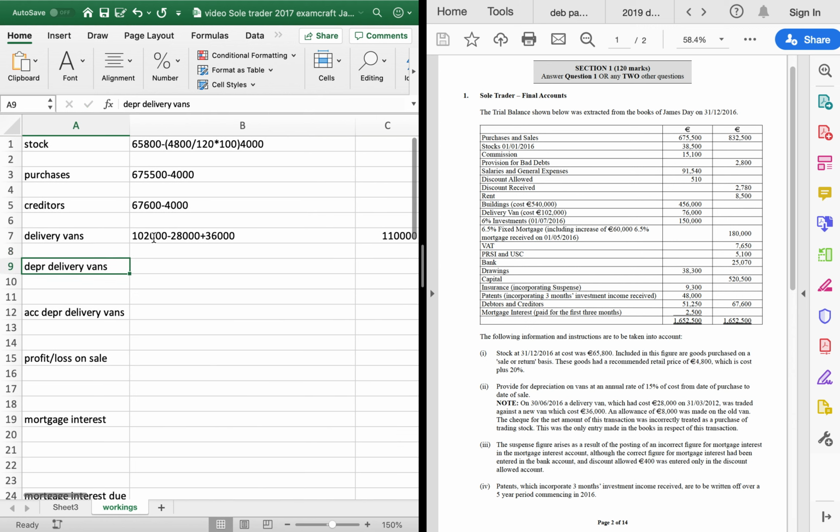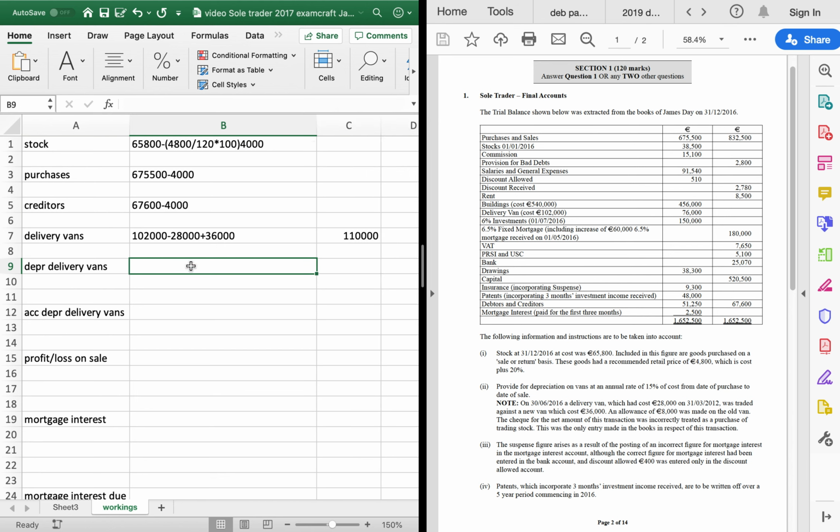Okay, so when we depreciate delivery vans, it's 15% from date of purchase to the date of sale. So we had 102,000 for the first 6 months of the year. We had the delivery van costing 28, and we didn't have the one costing 36. So I had 102,000 for the first 6/12 of the year, and that means we had the remaining 110,000 for the last 6 months of the year. So that's our depreciation of delivery van.